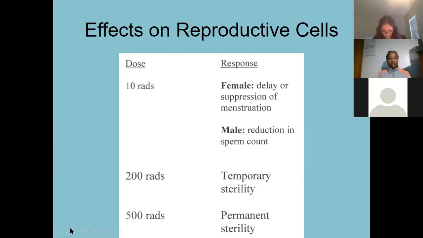It can cause an induced menopause, and it can cause hot flashes, which are typically considered part of menopause. It can also cause diminished libido or sex drive. So with the female, all of those things can occur in addition to the temporary or the permanent sterility.